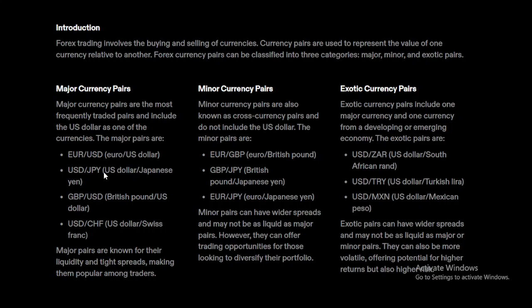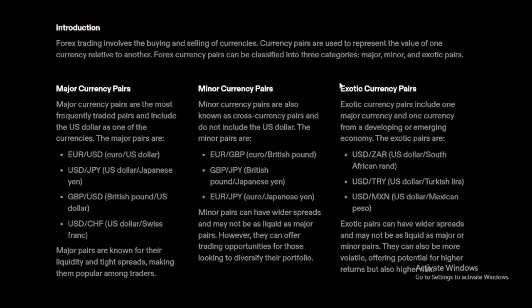So just USD attaching itself to any of these, they become major; USD disassociating itself, they become minor. Examples are Euro/GBP, GBP/JPY, Euro/JPY, and all of that. Minor pairs have wider spreads and may not be as liquid as major pairs. However, they can offer trading opportunities for those looking to diversify their portfolio.